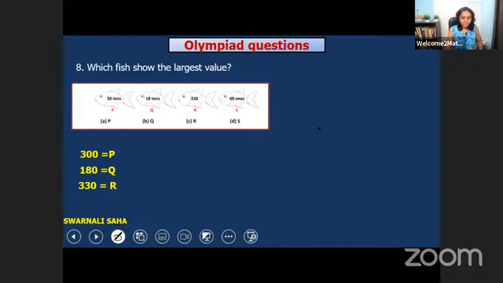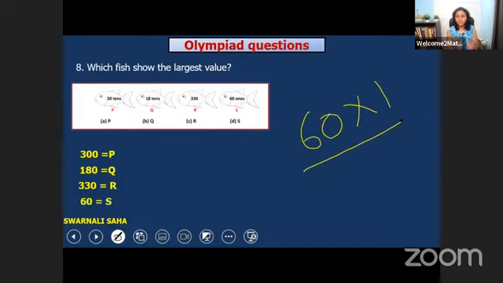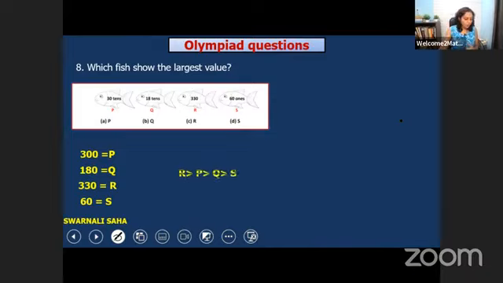Now next is S. S is 60 ones. That means 60 into 1, which is 60. So we got the values of P, Q, R and S. Now which number shows the largest value? Obviously R is showing the largest value, because R is 330.